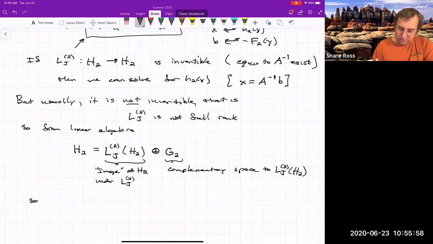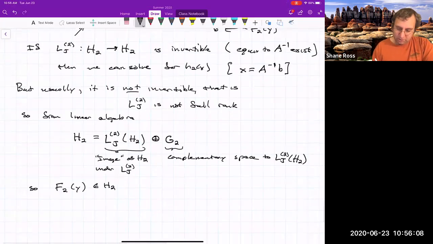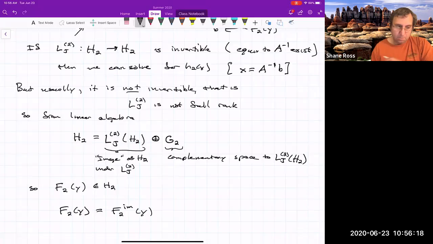And we know that F₂, the second order terms, are going to be in big H₂. So we could write this as the parts that are in the image, and then the parts that are not.